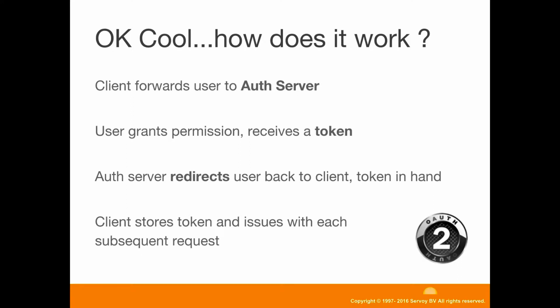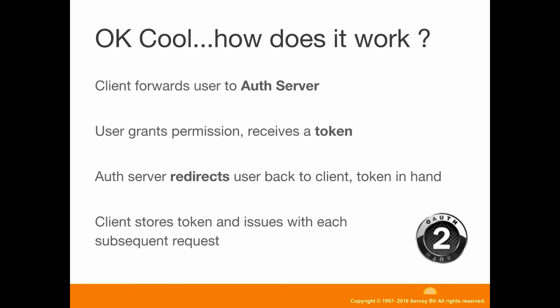So how does it work? It's pretty much a couple of redirects from servers. The first one is you go to your application. You say you want to authorize through LinkedIn, for example, and it forwards you to LinkedIn's auth server. Okay, so then you do your authorization there.